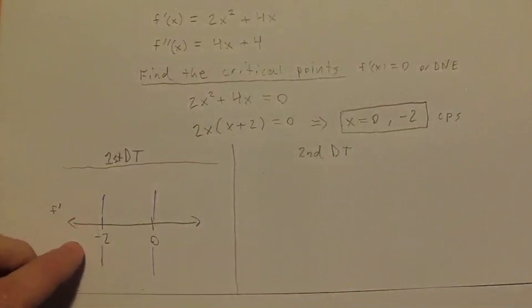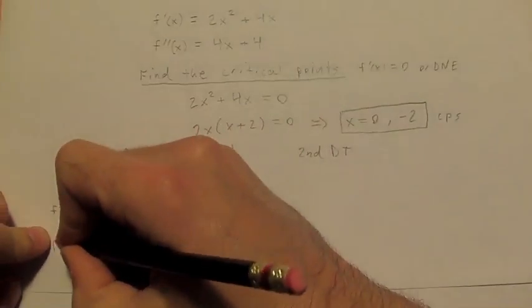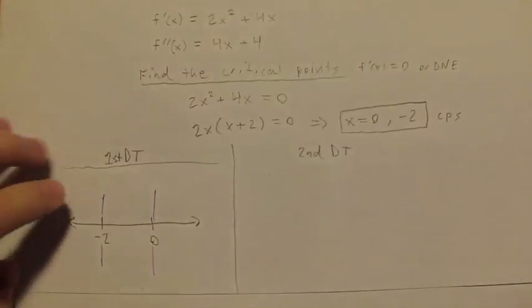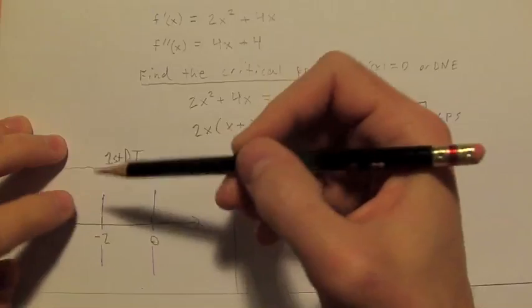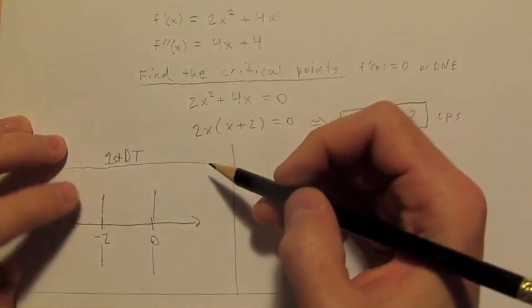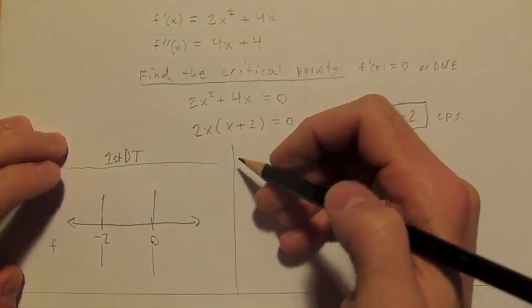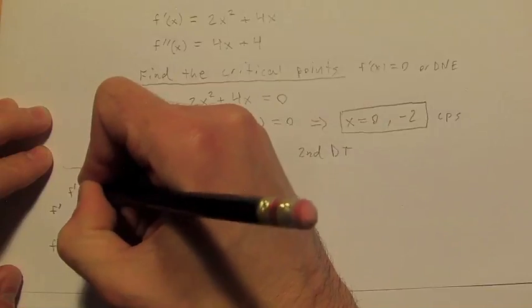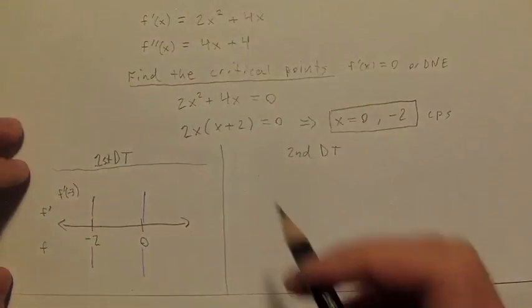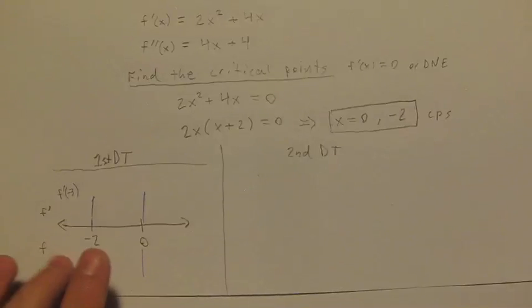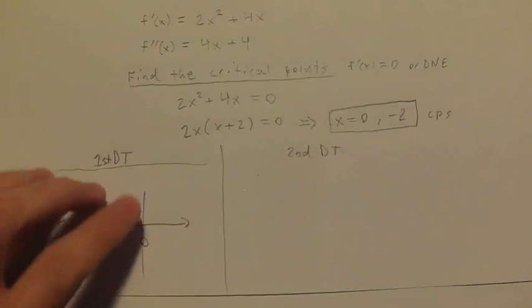Okay, so over here, f prime of x, say to the left of -2, it doesn't really matter, but you could do -3 or -10 or -100. It doesn't matter because I've found the only places where f is allowed to turn around.